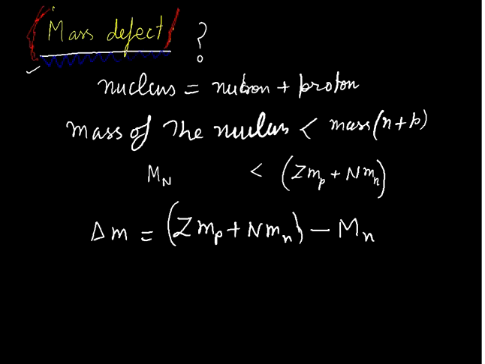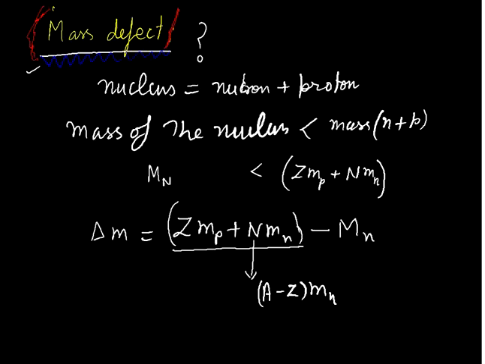Right? So delta M is equal to the mass of the nucleus constituents. Z is the proton number, N is the neutron number, Mp is the mass of 1 proton, Mn is the mass of 1 neutron, and you can define N here as A minus Z. So sometimes one can write it in this way also.